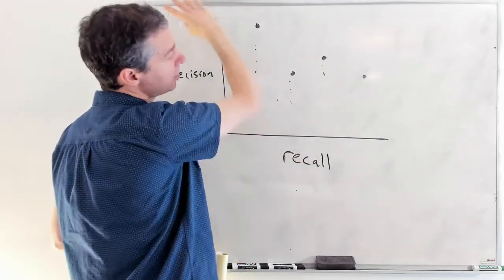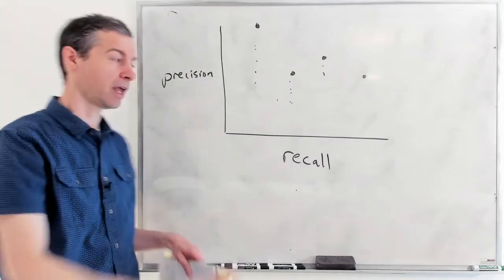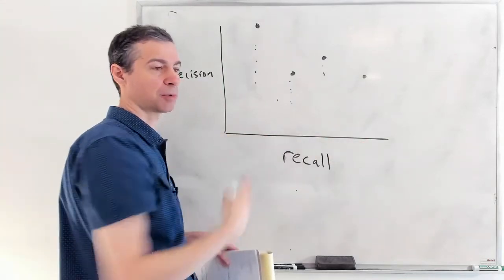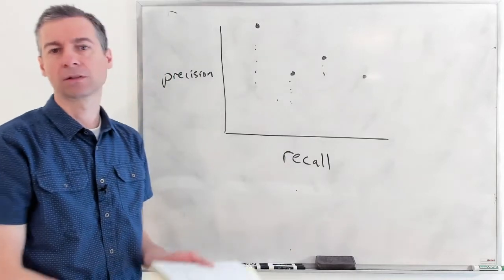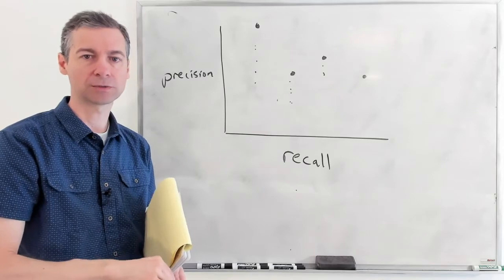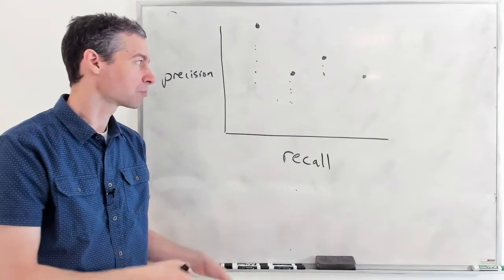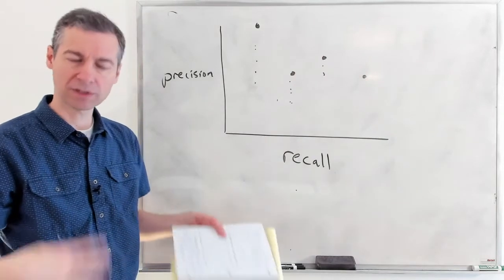But in general, this is what we see, that as recall increases, our precision will decrease. This is a general trend, almost a law of retrieval. Of course, it's not always true, so it's not a law, but it's in general true.